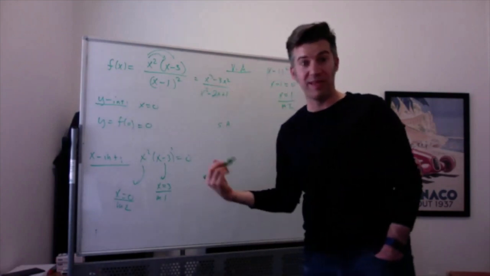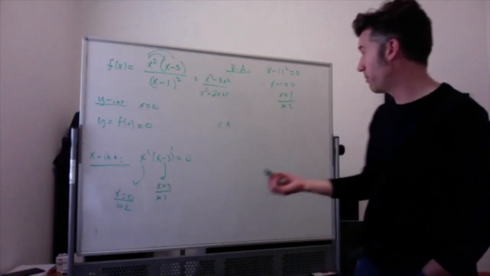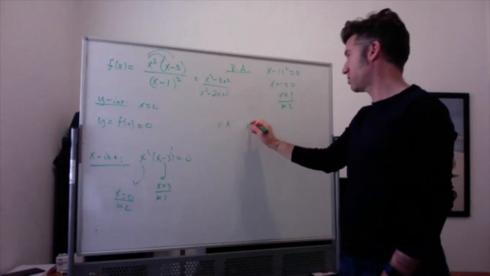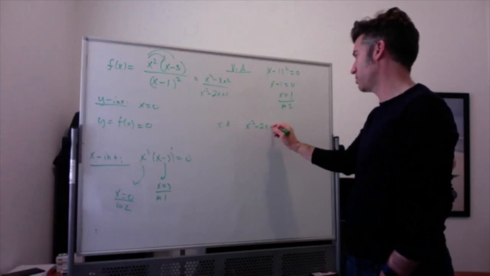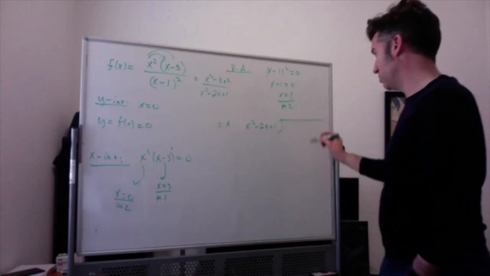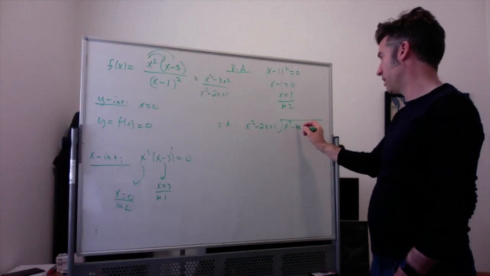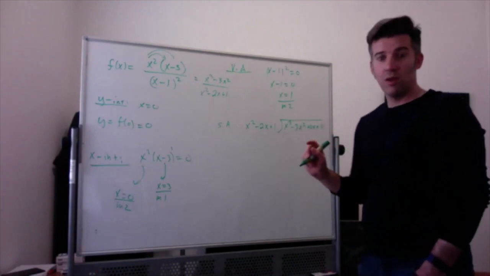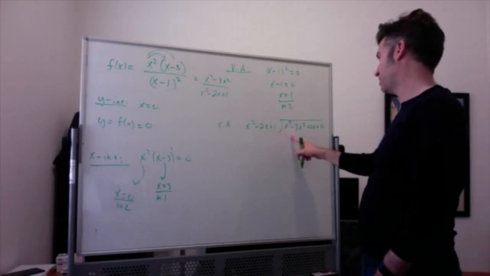We're foiling out x minus 1 times x minus 1. So for the slant asymptote, I'm going to do this division: x squared minus 2x plus 1 divided into x cubed minus 3x squared plus 0x plus 0. Okay, what do we multiply by x squared to get x cubed?